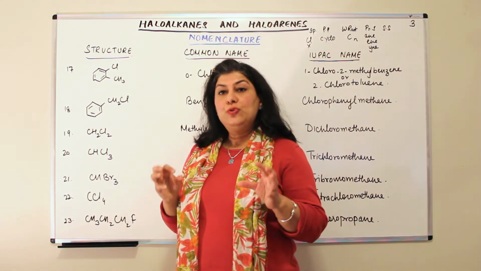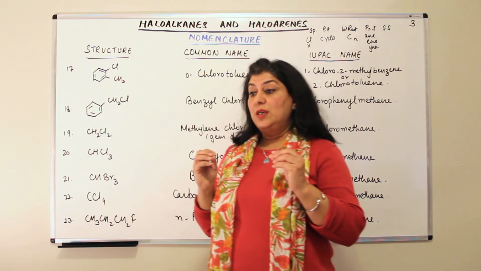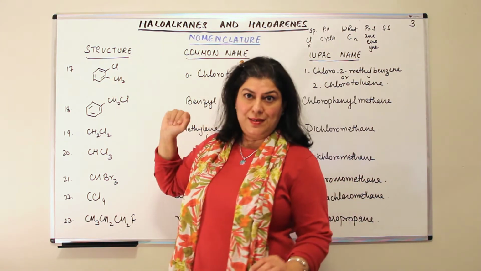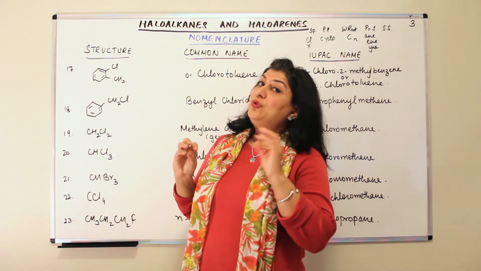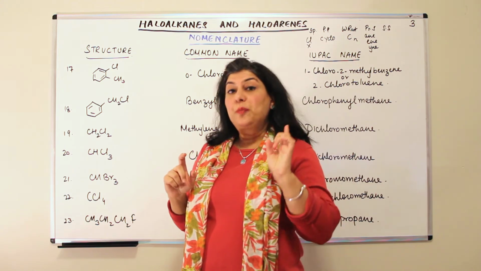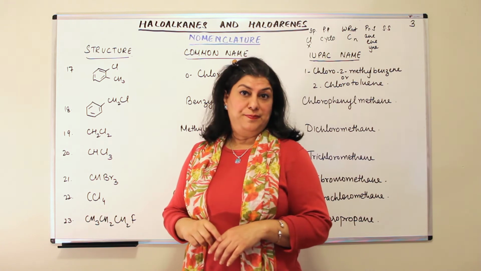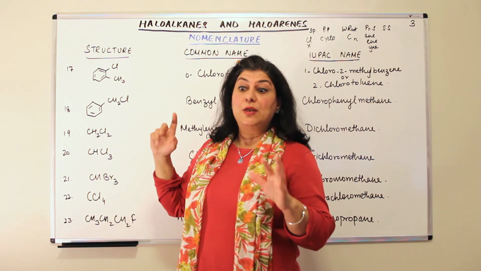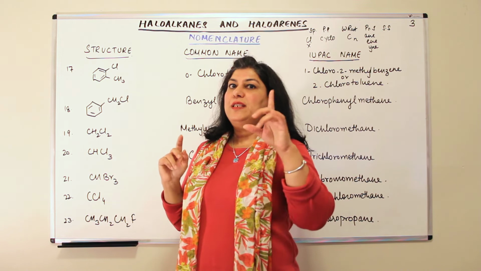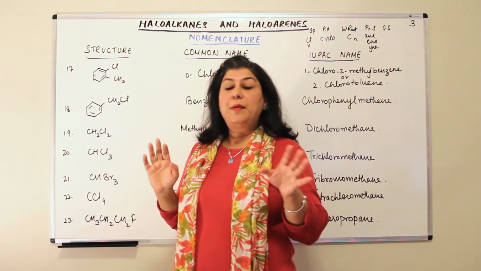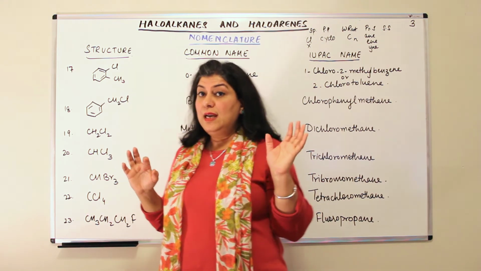So whenever you use the term toluene, it means methyl benzene, and it means that you are assuming that methyl group to be attached to the first carbon atom. Remember that whenever you use it in the IUPAC nomenclature.